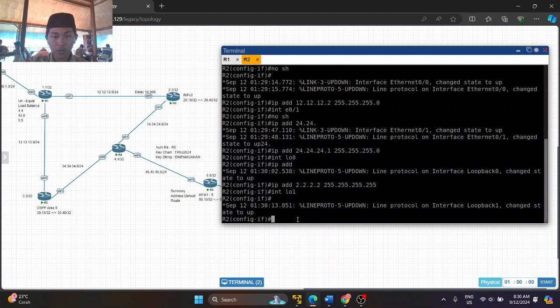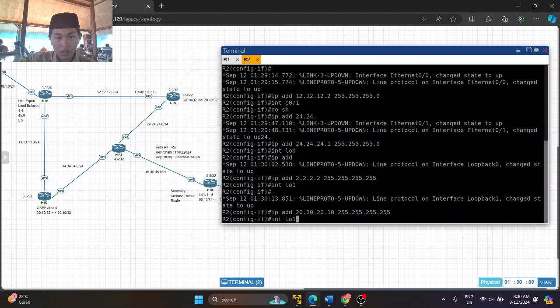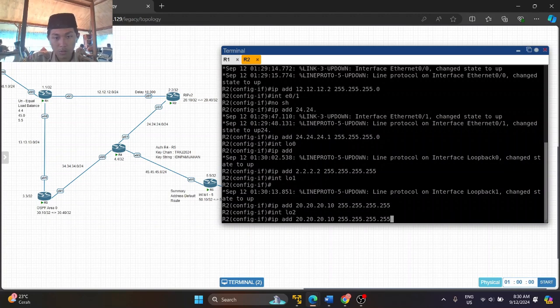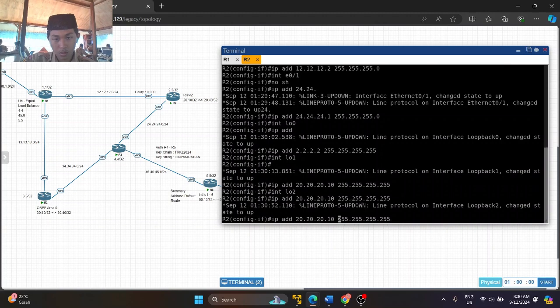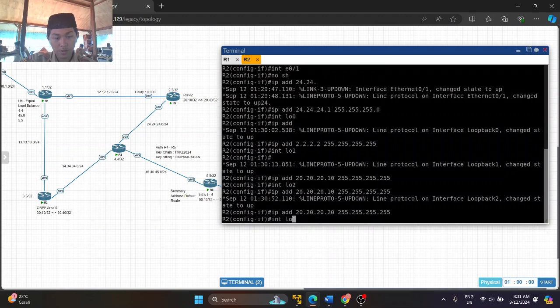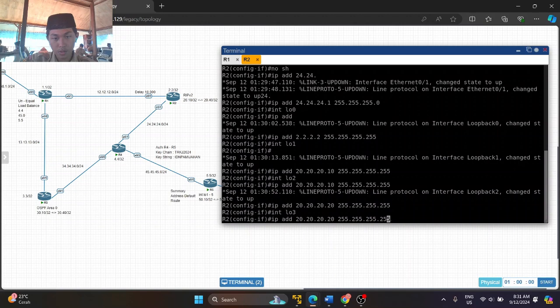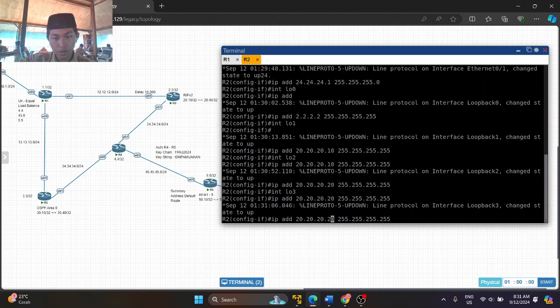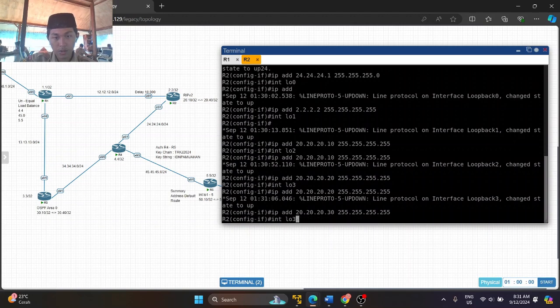So here, interface loopback 1, let's add the IP address 20.20.20.10, and the mask is /32. Then we move to loopback 2. Why is it so lagging? Then loopback 3, 30, then loopback 4.